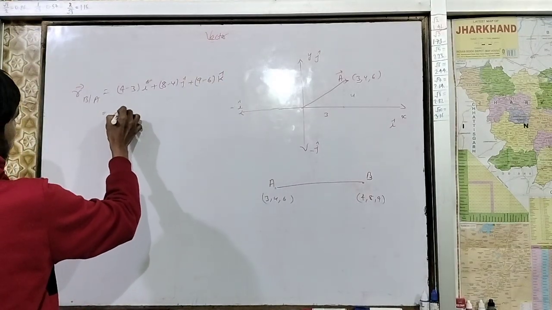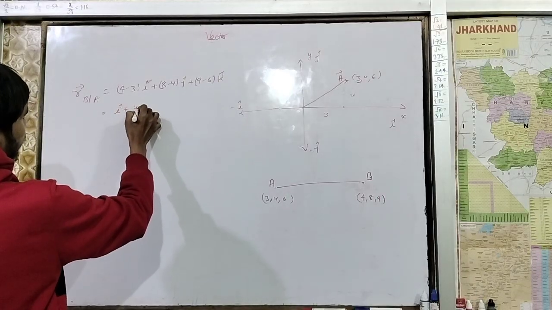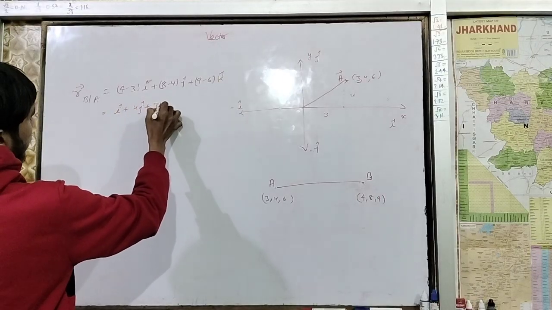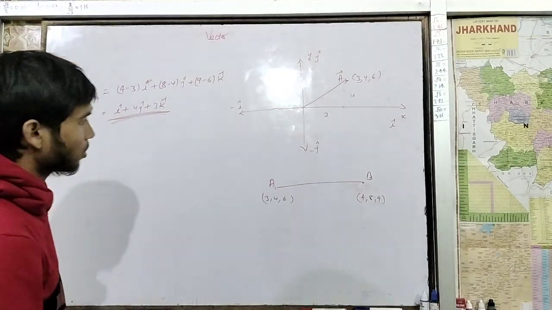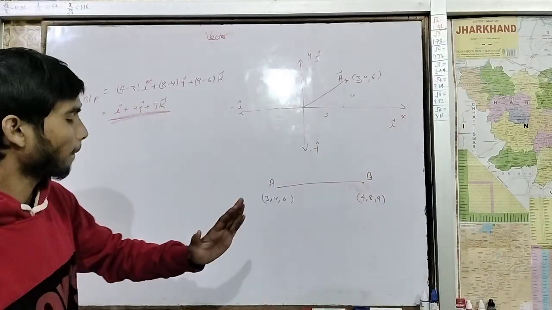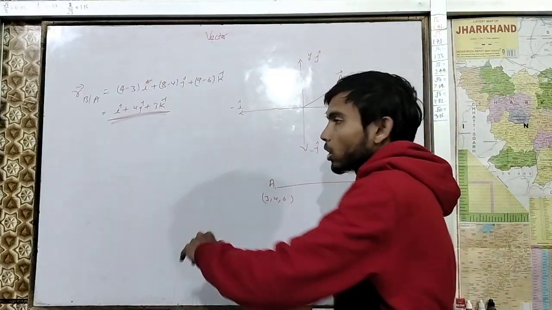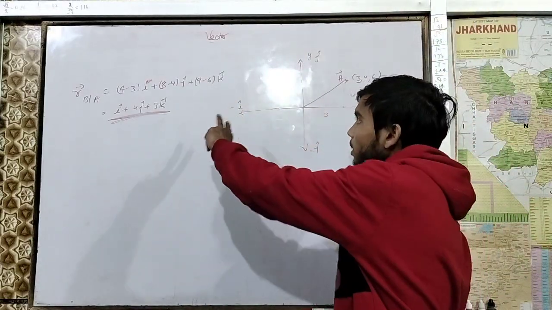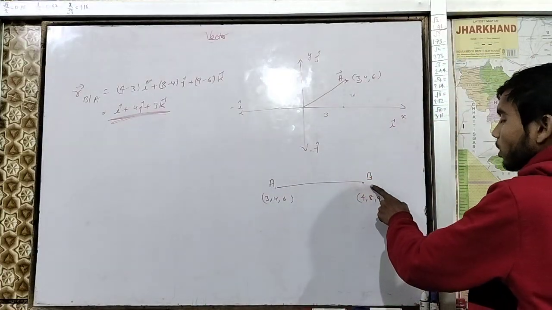So this is coming as I cap plus 4 J cap plus 3 K cap. We will have to go this much: one unit along the x-axis, 4 units along the y-axis, 3 units along the z-axis.